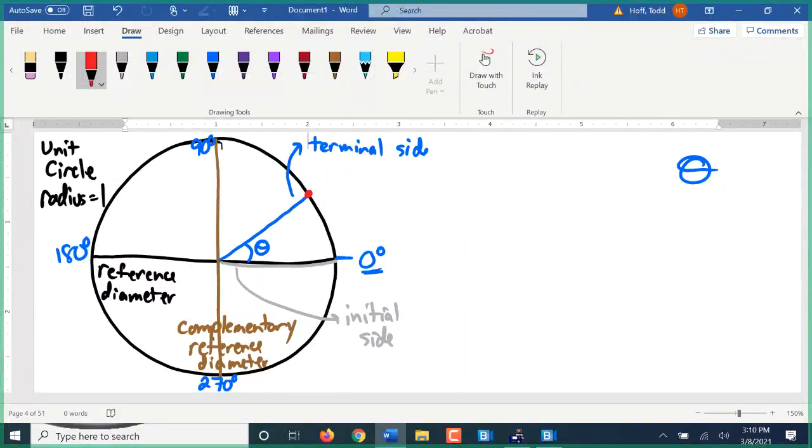We talked about converting from degrees to radians for angles. On the unit circle, this degree angle would correspond to this arc length, which would be the radian measure for that angle. So let's say if this were 30 degrees, the actual physical length of it would be pi over 6 radians.